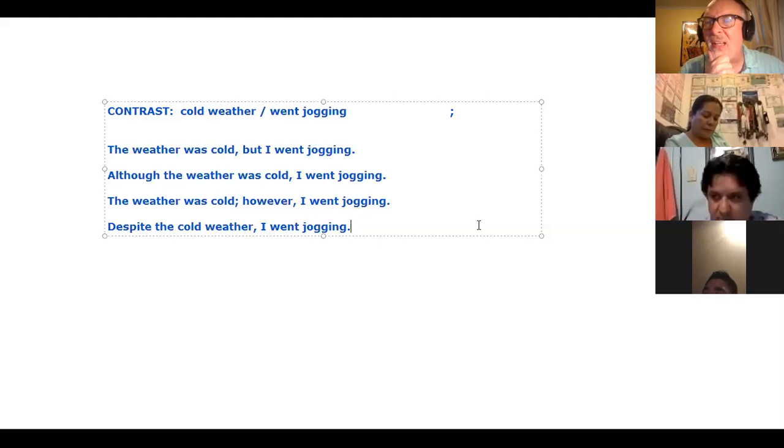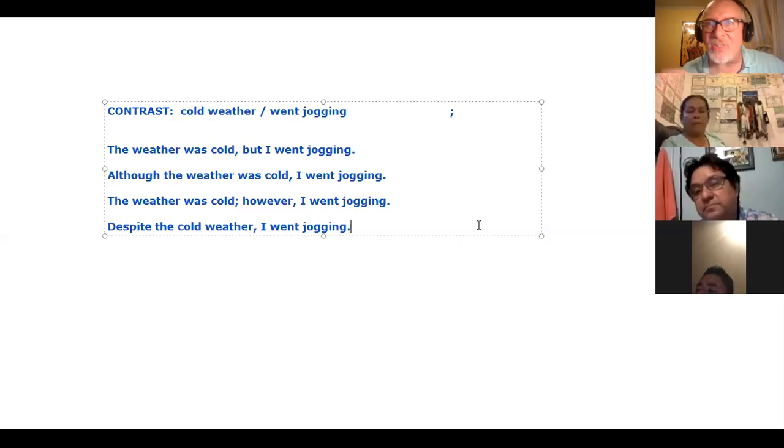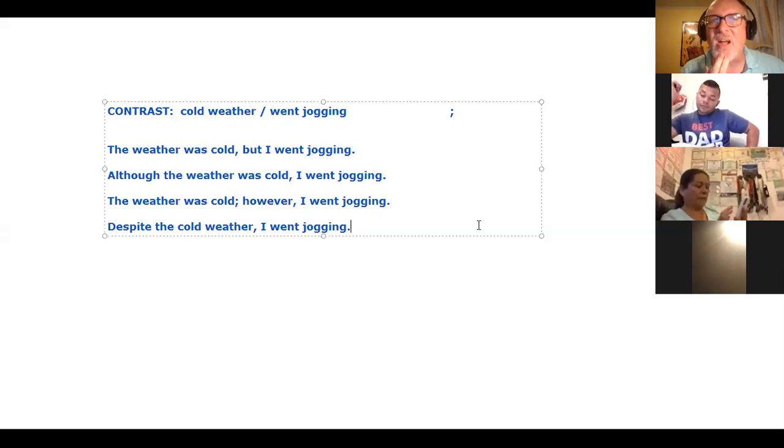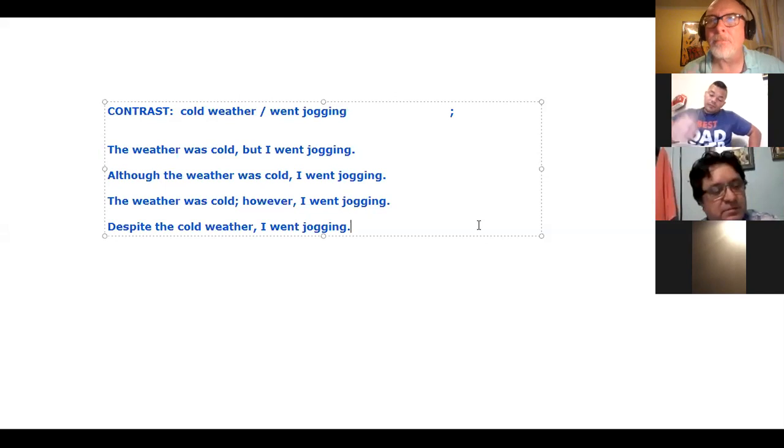So for example, you could say, despite the coronavirus, many people are outside in the streets. It's opposite of what I expect. It's a contrast to what I expect.